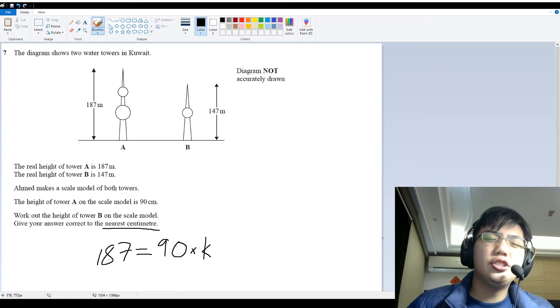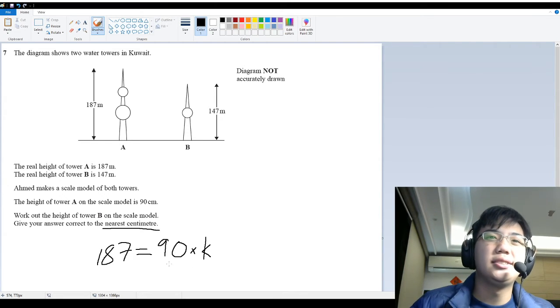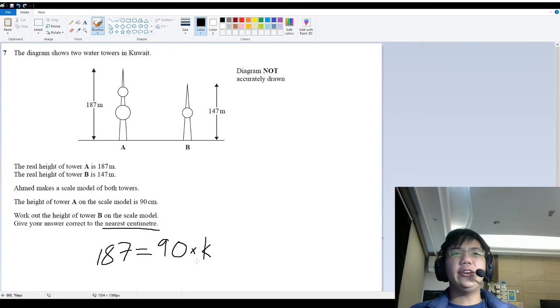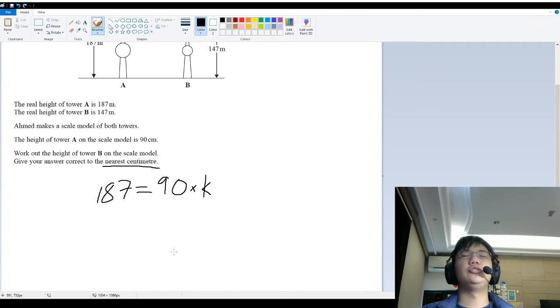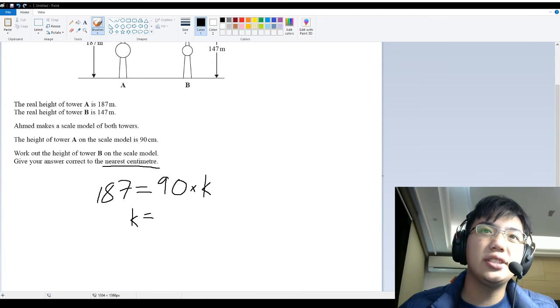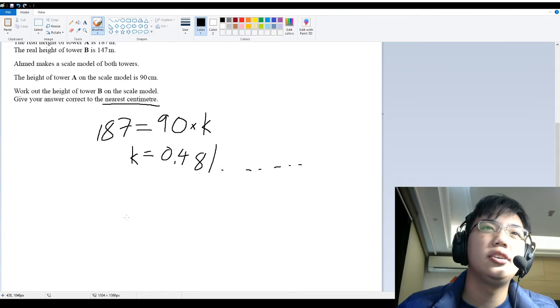In questions determining the size of a scale model, you don't need to convert the units, because if you use the same scale factor, it cancels out the need for units. So you can just write 187 and 90, despite them being meters and centimeters. Using the calculator, we find that the scale factor is 0.481 and so on.